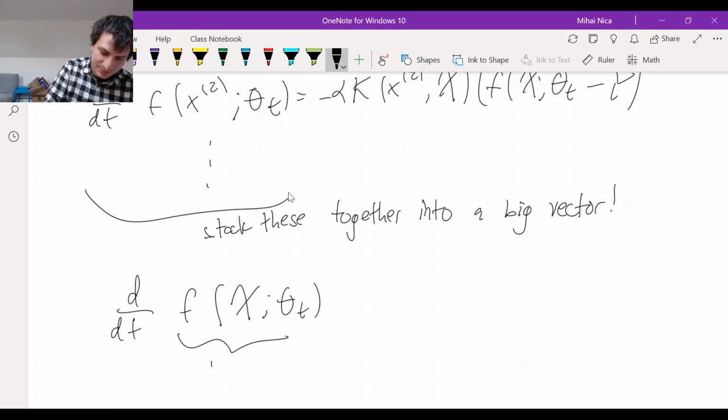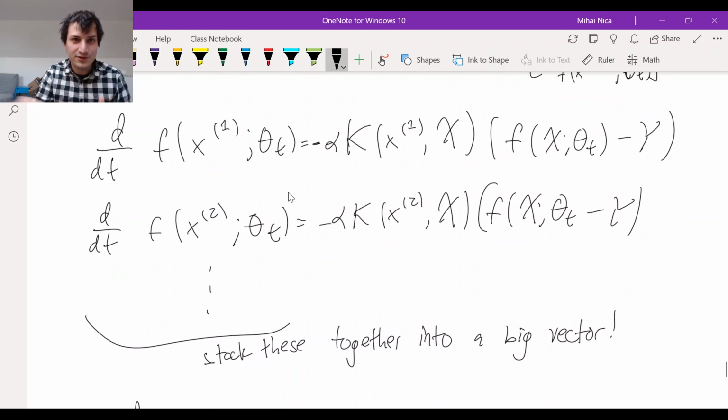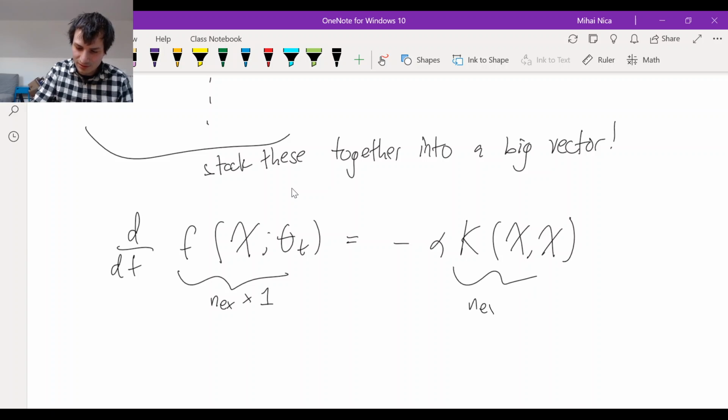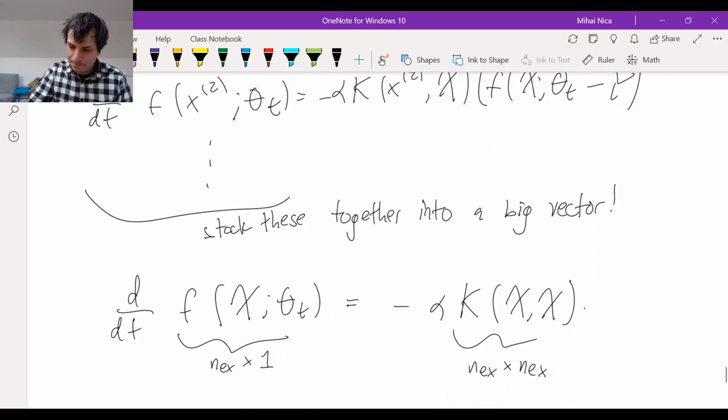So this is an nx by 1 column vector, which is we just stack together all these individual scalar equations. And what you get is exactly this, minus alpha k of xx. This is an nx by nx matrix, times f of x theta t minus y.